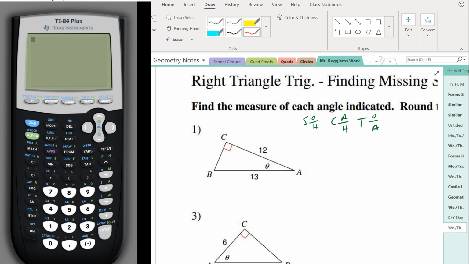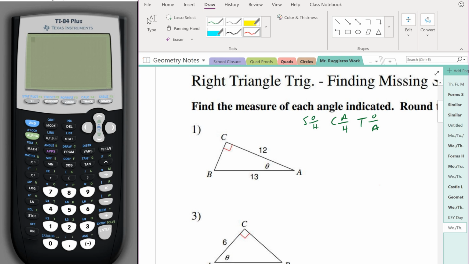So what we said the other day, and feel free to rewatch those videos, is that if you want to find missing sides or angles in triangles, we should use trigonometry. We talked about SOHCAHTOA, and I rewrote that for you here.